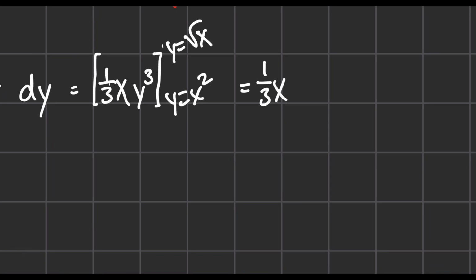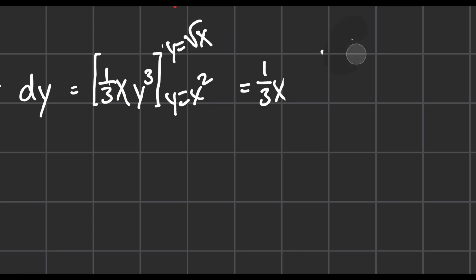1/3 x, and then first the upper bound, which is the square root of x to the third power, which is just x to the half power to the third power, and that's going to be x to the power of 1.5.